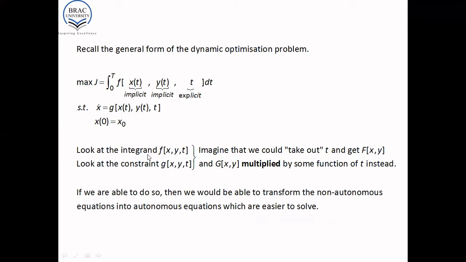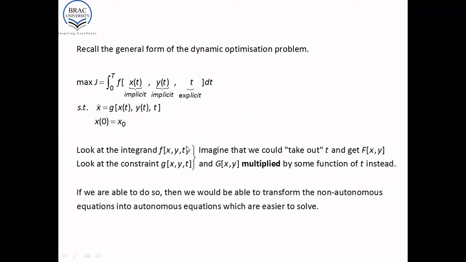Now look at the integrand f of x, y, t and look at the constraint g of x, y, t. Imagine that we could, quote unquote, take out t and get a capital F of x, y and a capital G of x, y multiplied by some function of t instead. So instead of t being inside the function, it is now outside the function, but multiplied with it.